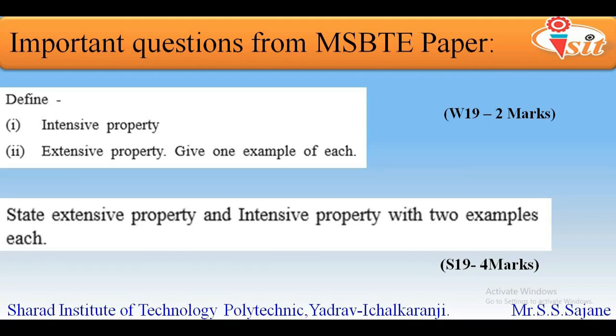So again here intensive property with examples will carry 2 marks, and extensive property will carry 2 marks along with 2 examples. So from the first lecture, I have referred to 3 papers, but in one paper there was no question from the part which we have studied till now. So you can refer to these questions from the MSBTE papers.